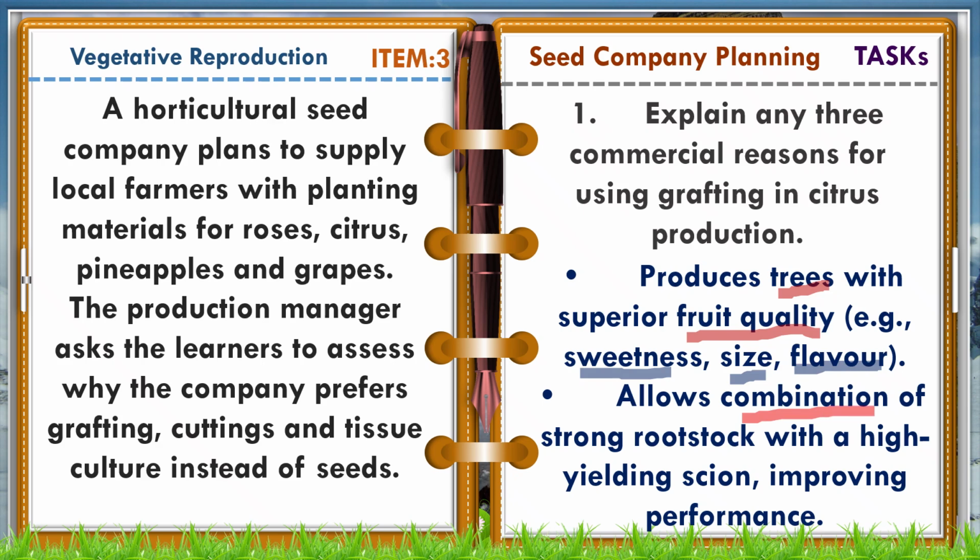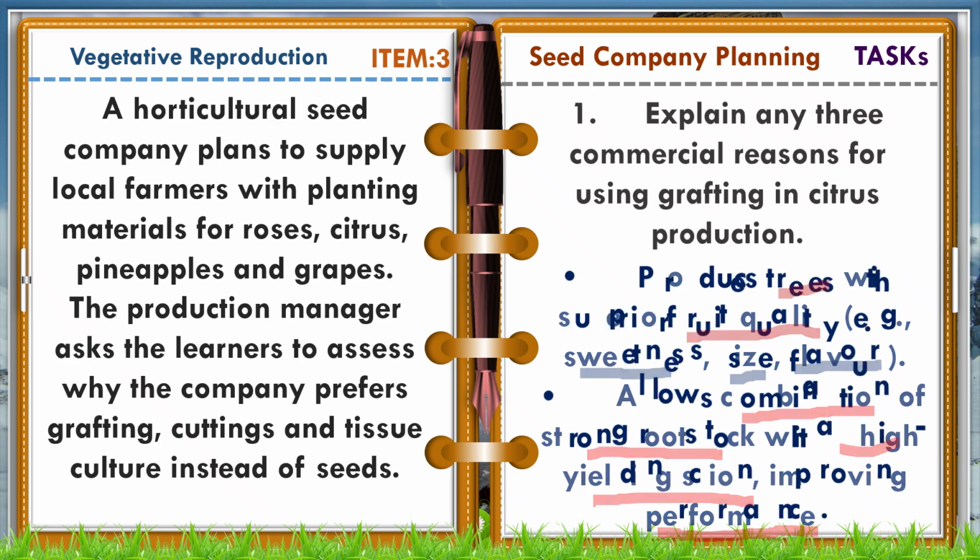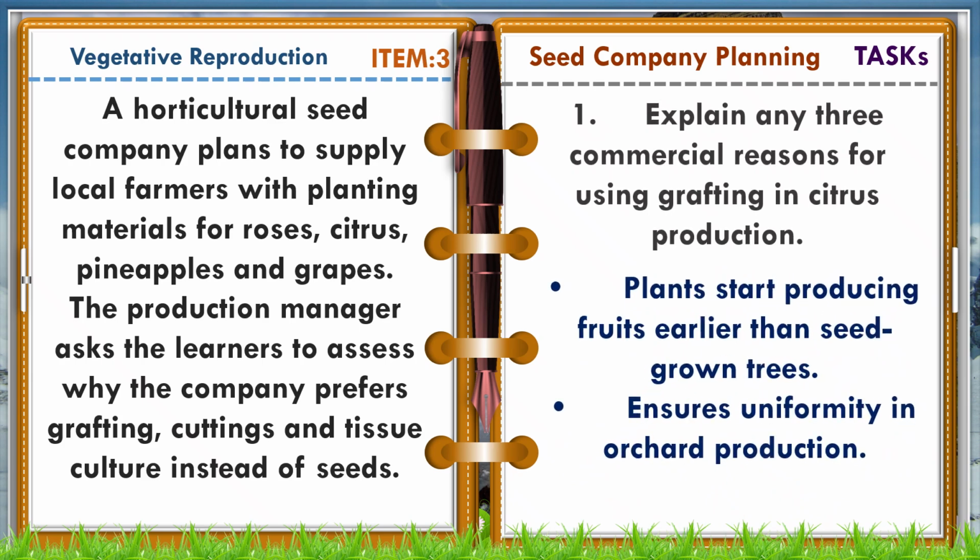Allows combination of strong rootstock with high yielding scions. This improves performance. Plants start producing fruits earlier than seed-grown trees. It ensures uniformity in orchard production.